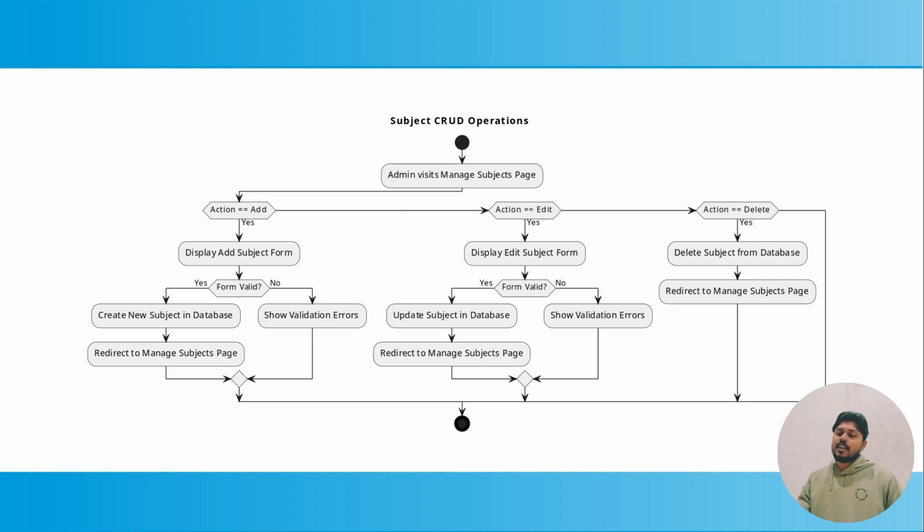If the form is valid on submit, we will update the subject in database, and then we will redirect the admin to manage subjects page again. The last operation is the delete operation. When admin performs the delete action on subject, we will delete the subject from database and redirect the admin to manage subject page again.